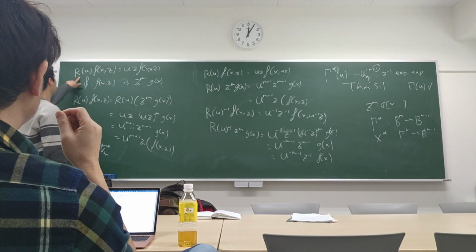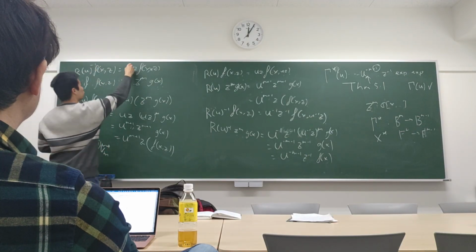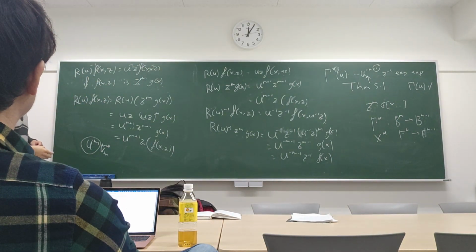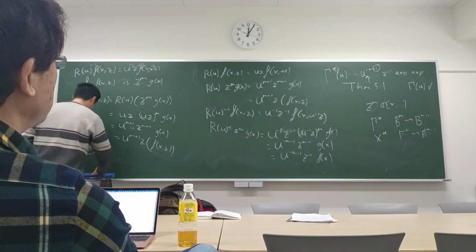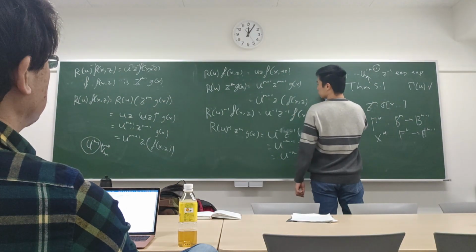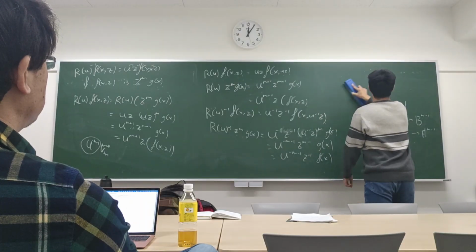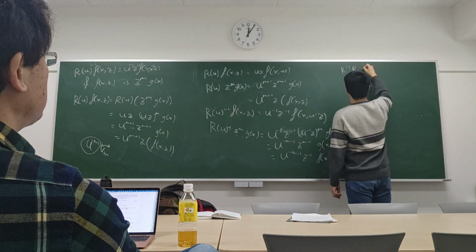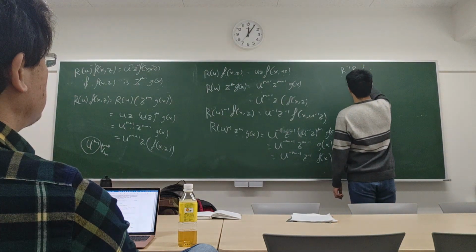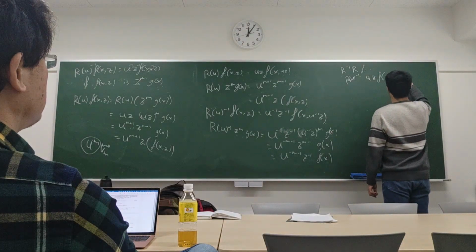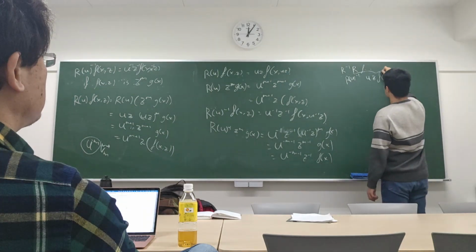So here Ru inverse. This is U inverse, Z inverse, U inverse. So why is it? I can check that as well. Okay, so I want to check R inverse R on F. If I have Ru inverse on this, I have UZ F X to Z. Right, this is just this.